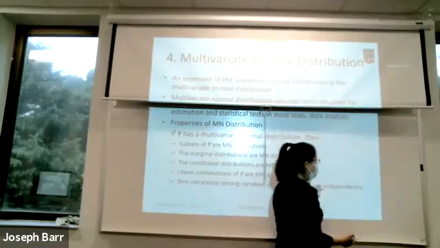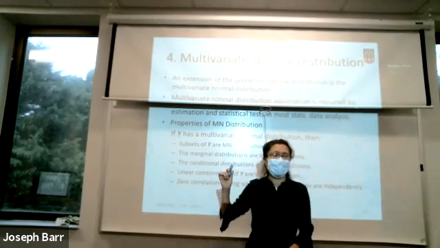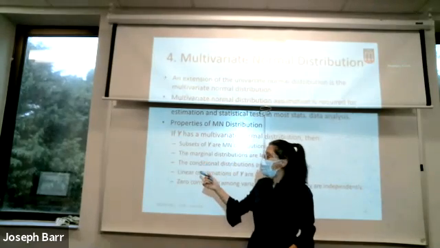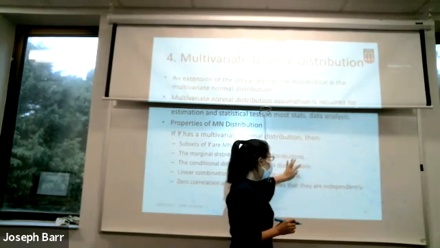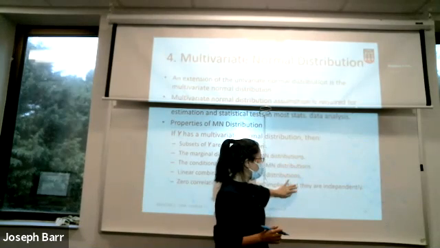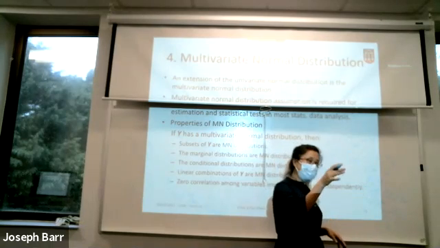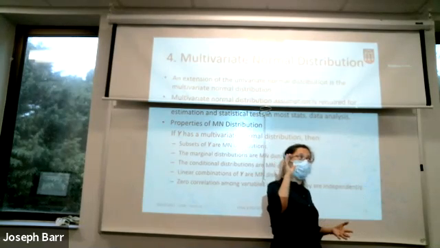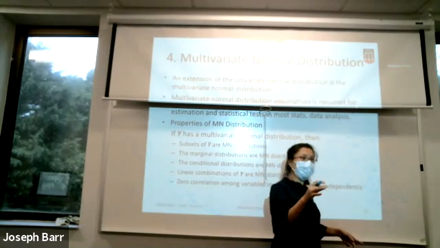So if we use the same example here, what does that mean? If we want to determine the multivariate normal distribution of these 3 values, the verbal, quant, and writing scores, you need to know the variance of the verbal score, the variance of the quant score, and the variance of the writing score.